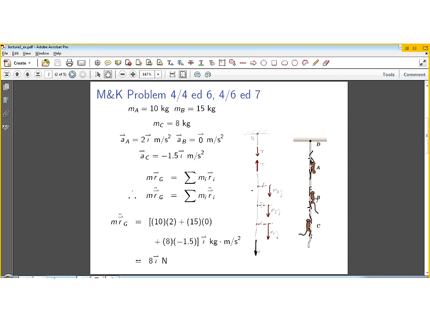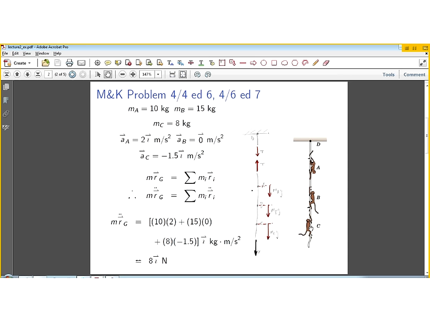The monkey B is climbing upwards with a speed that is given in the problem statement. The speed of this monkey is actually irrelevant, but it's stated that this monkey is climbing at a constant speed, which means that its acceleration vector is 0. So therefore I can write that A sub B is a 0 vector.